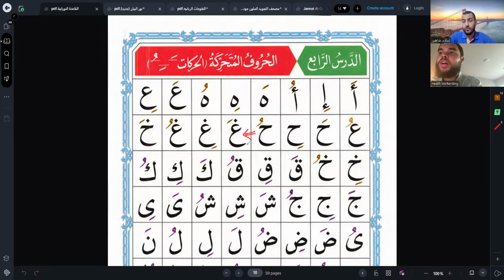So we'll focus on the ghain. We don't say gha. This is one of the most important things, because ghain in Arabic we call a heavy letter. Heavy letter means the sound should be thick, filling the whole mouth. We don't have any sound in Arabic like that. The same goes for the next letter, which is kha.